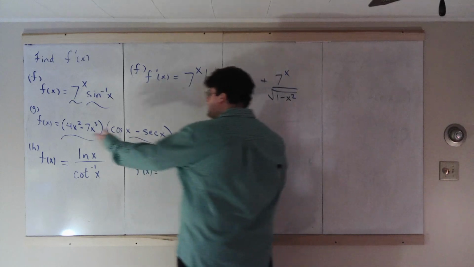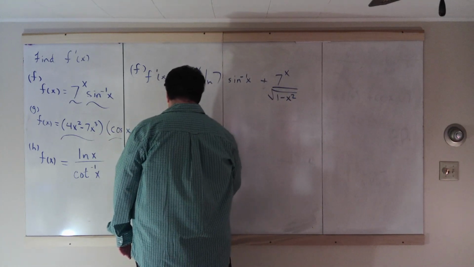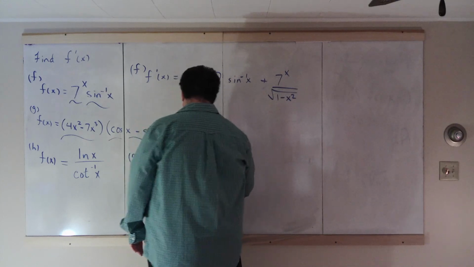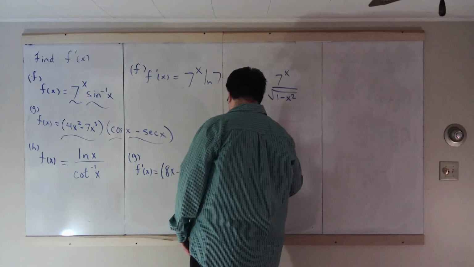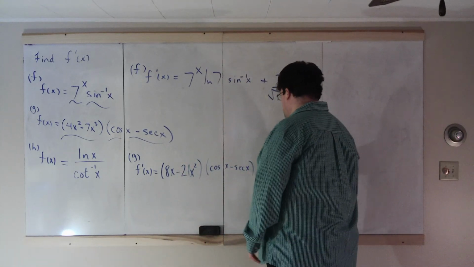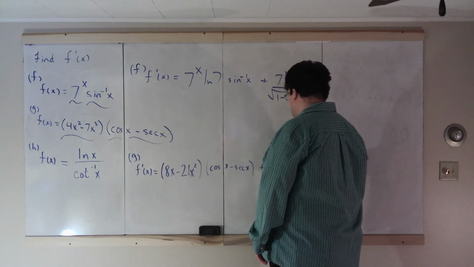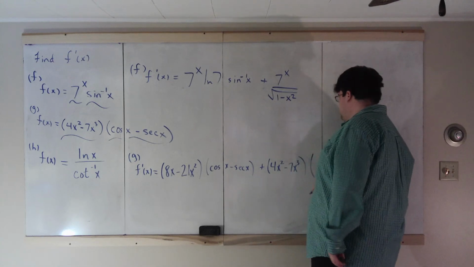So the derivative of the first is 8x minus 21x squared times the second, cosine x minus secant x, plus the first, times derivative of the second.